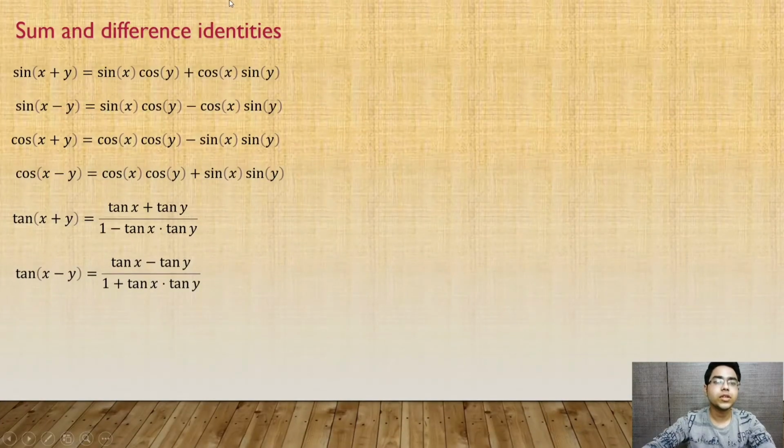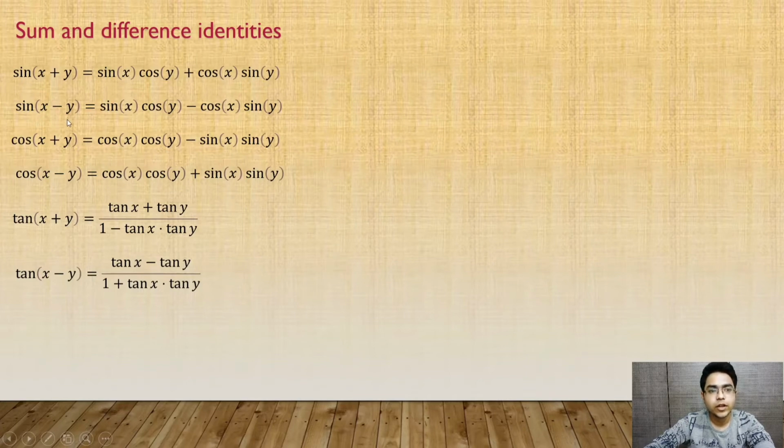Now we are going to start with sum and difference identities. Here are some formulas which we are going through. The first formula is of sine. Sine of x plus y is equal to sine x cos y plus cos x into sine y.